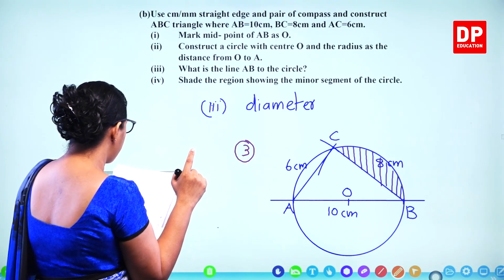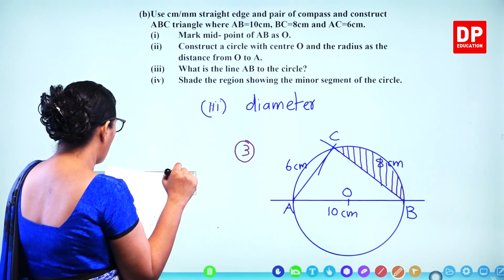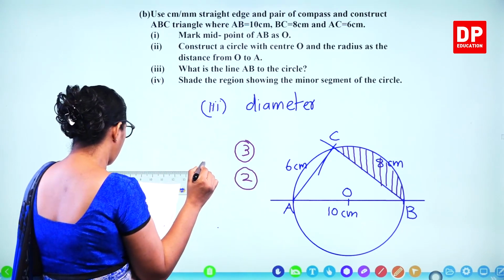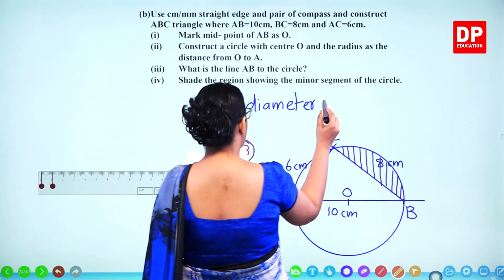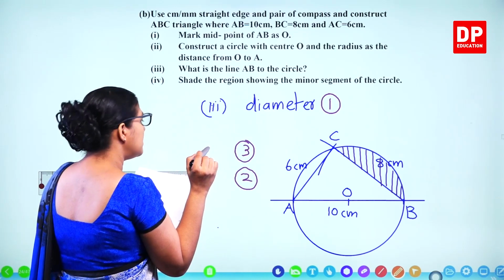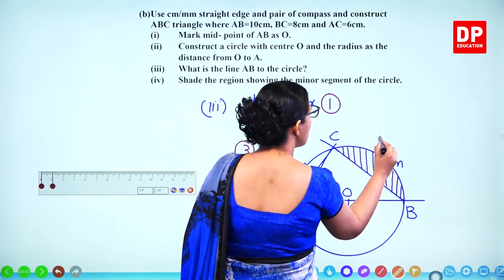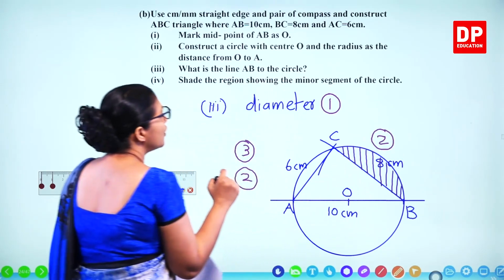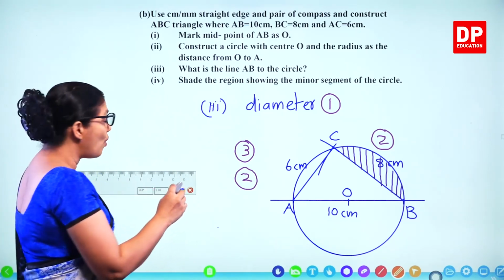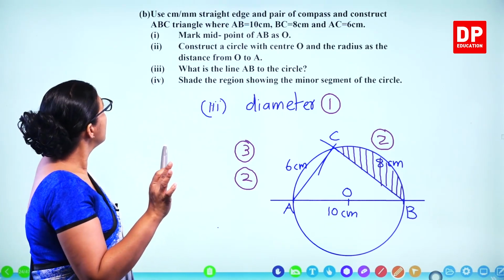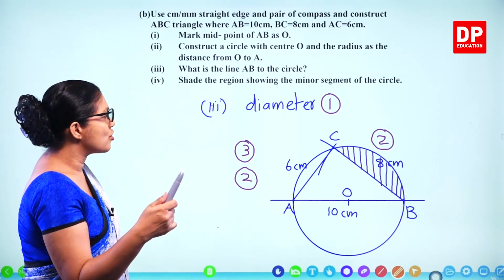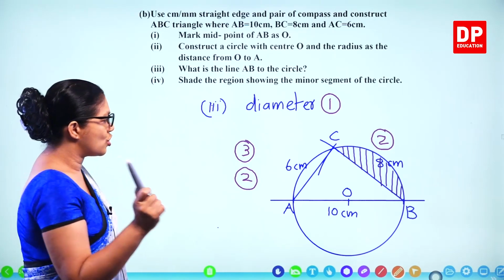And then 2 marks for drawing the circle and marking the center, and diameter 1 mark, and shading the minor segment 2 marks. So that's 8 marks, and 8 before makes 16 for the full first question. And then the other questions you get 11 marks each.